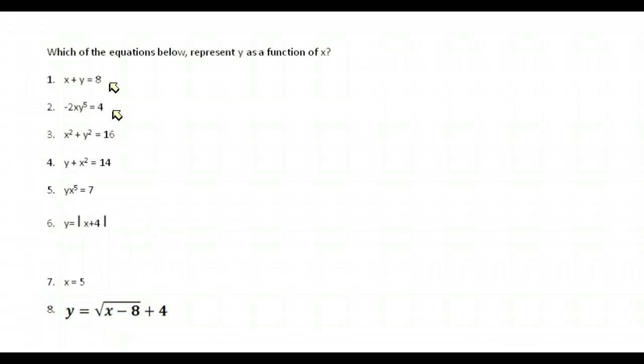This one was a no because of the y squared. This one was a yes. This one was a yes. A yes. Uh-oh, this next one was a no because it was a vertical line. I had x repeated as 5 the entire equation. And our last one was a yes.